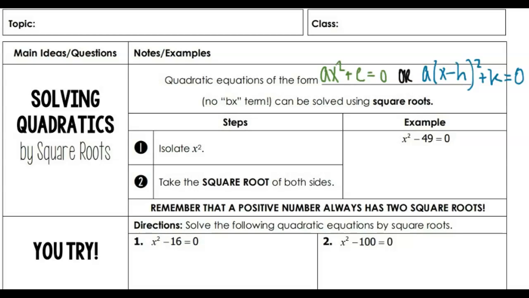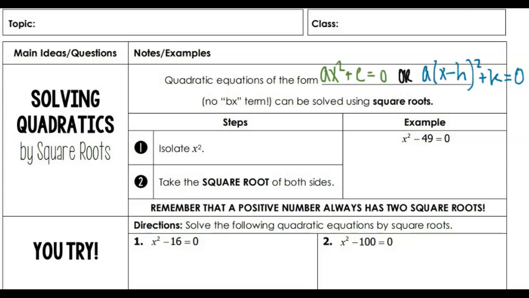So, simple steps here, and we're going to do a couple of examples throughout this session. The first thing we want to do, as when we solve equations, is isolate the variable, meaning get it by itself. Once it's squared, we do the inverse, which is take the square root of both sides.